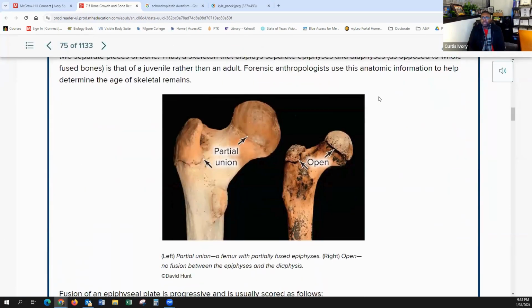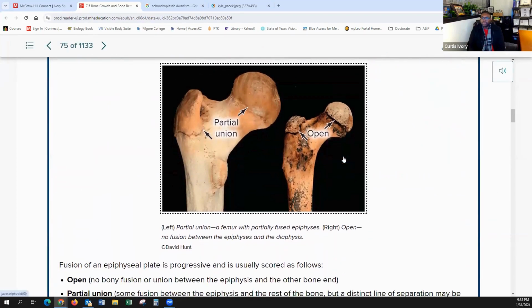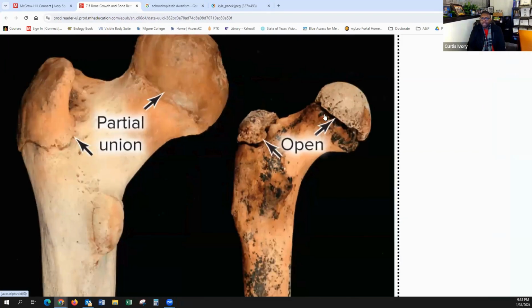So here, if we look at these two bones, these are essentially remains of two individuals that had passed away. If you look here, we can see that these lines have fused and that it's a line. But here we see that these are gaps. So that means that this one right here was a child, because we know that it's not a line yet, so it's still growing.